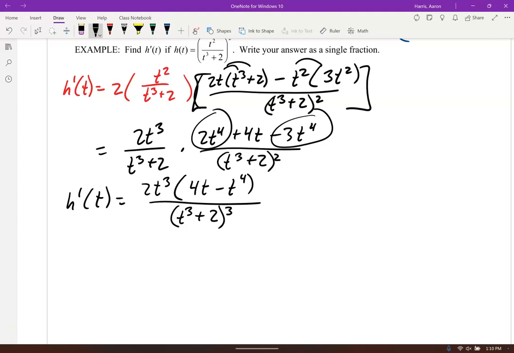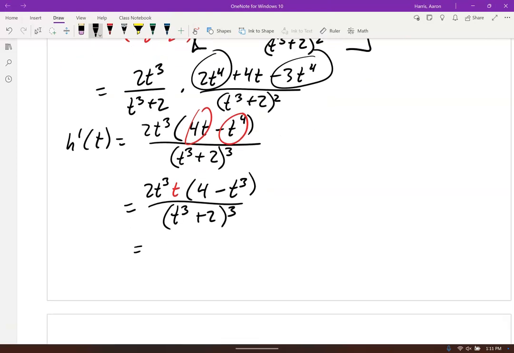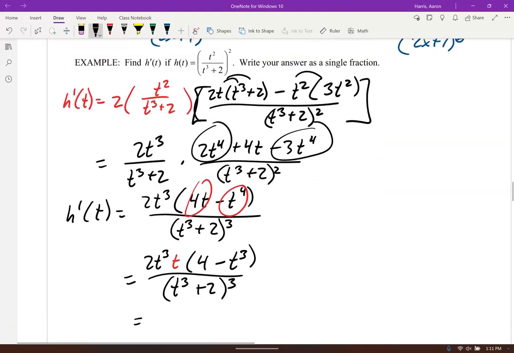So I have 3 of these t cubed plus 2's. And I'd probably just take a t out of each of those. And then multiply by the 2t squared.